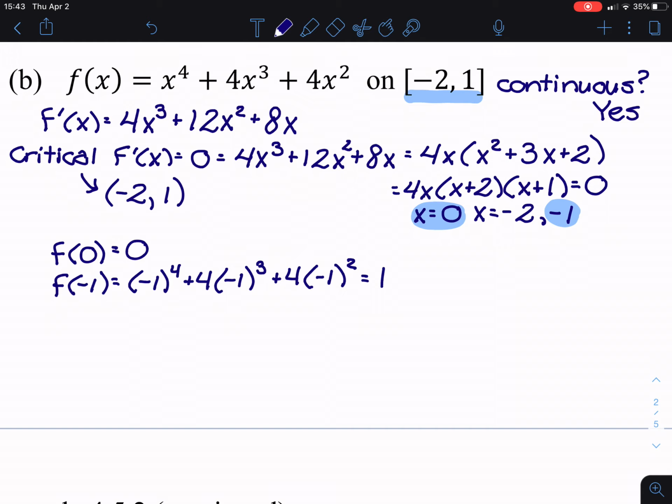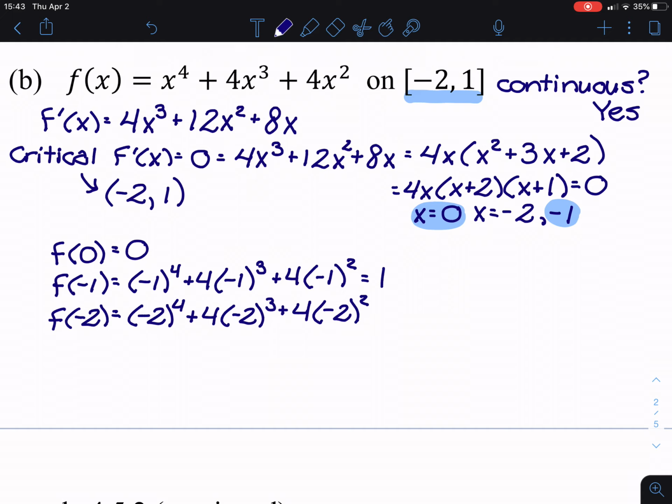So there are critical values. Now I do my endpoints. So f of -2 is going to be -2 to the fourth plus 4 times -2 cubed plus 4 times -2 squared. So I get 16 here minus 32, so that's a -16, and then plus 16 is going to give me 0.